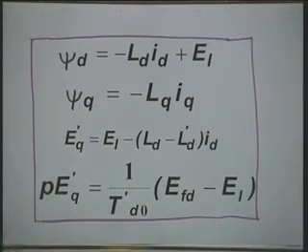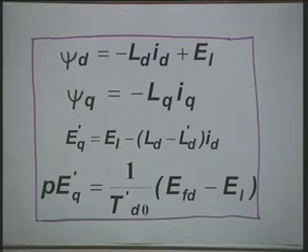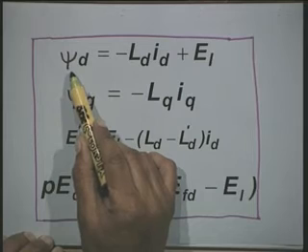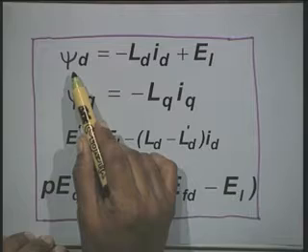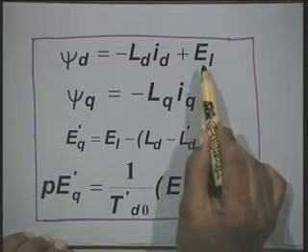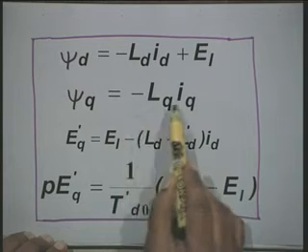Now, I am summarizing the model of the synchronous machine which is most commonly used for system stability studies. We write psi d, the flux linkage of the d axis, equal to minus L d I d plus E I. Psi q is equal to minus L q I q.